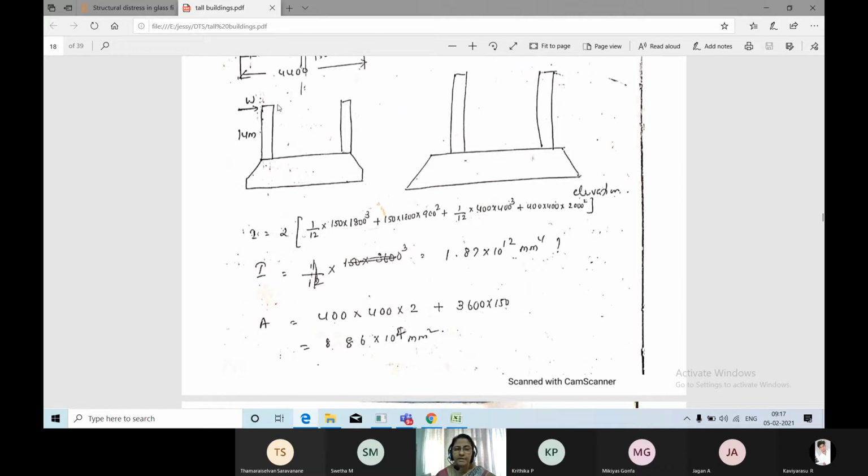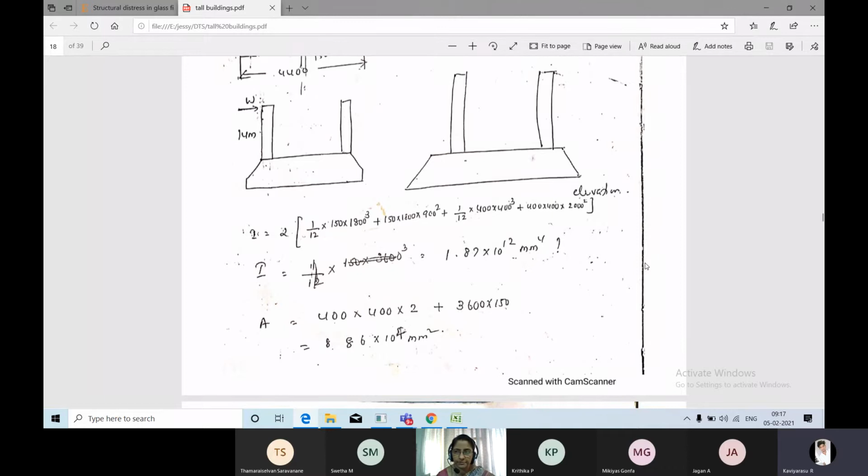It is like a cantilever, and it will have a deflection in flexure mode. Last class I was asking you, what is the deflection at the free end of a cantilever due to a point load? Can you tell me?